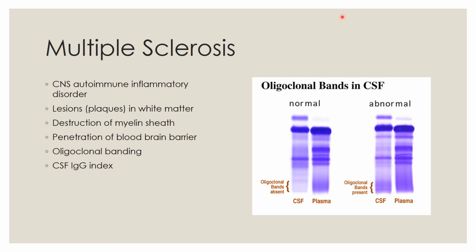Okay, so that leaves your normal IgG index, that ratio, anywhere between 0 and 0.85. Okay, that's normal. In about 80% of MS patients, that IgG index will be elevated. Okay, and so that's why we perform that.